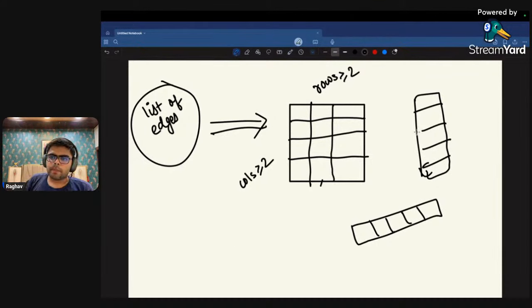Now, can you guys notice something related to these cells, or these, or these? Can you guys notice something? You have 30 seconds.